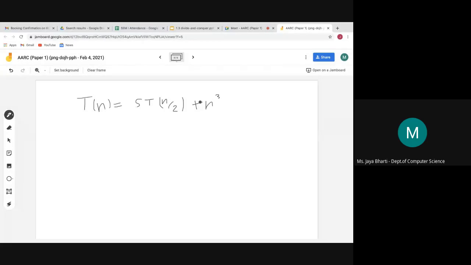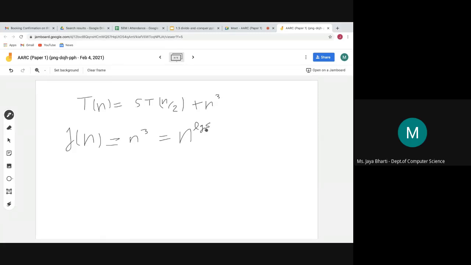We can write theta of n cube as n cube also. So when you compare, f(n) is n cube. You need to compare this with n to the power log 5 base 2.